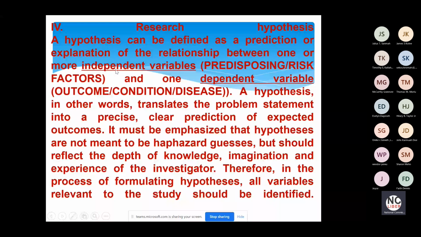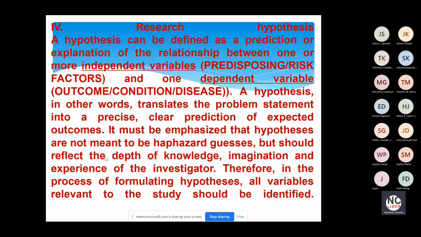And then we can look at the dependent variables, that you could call the outcome or the condition or the disease. So the hypothesis will usually translate the problem statement into a precise and clear prediction of the kind of outcome you expect.